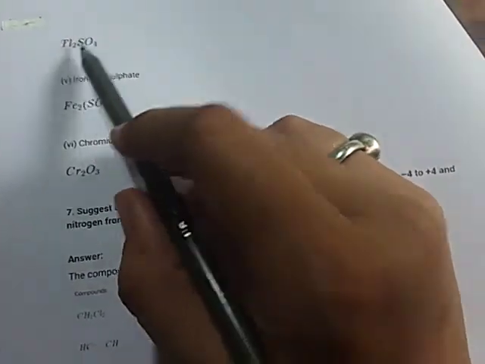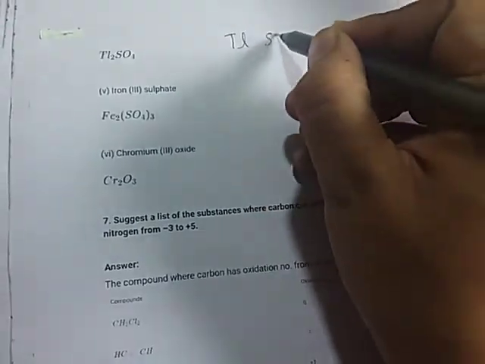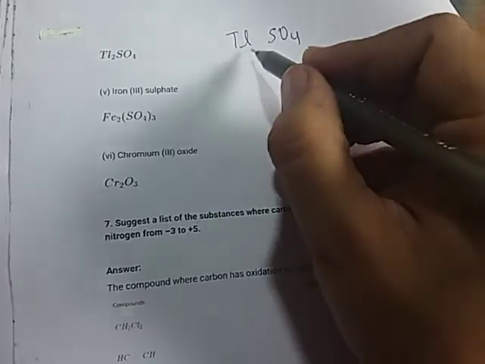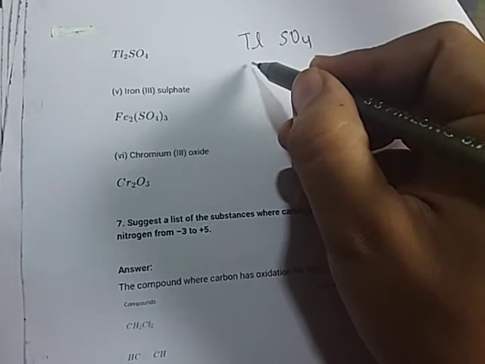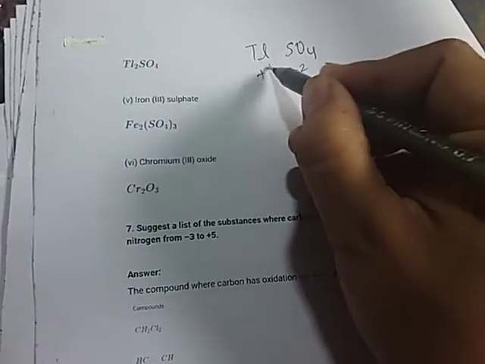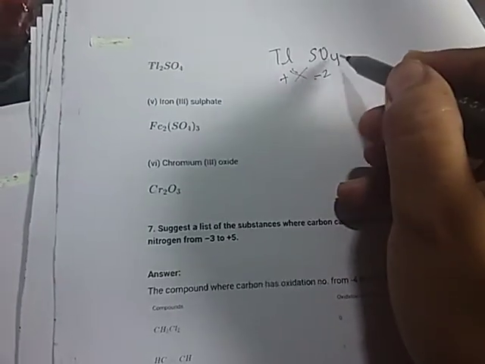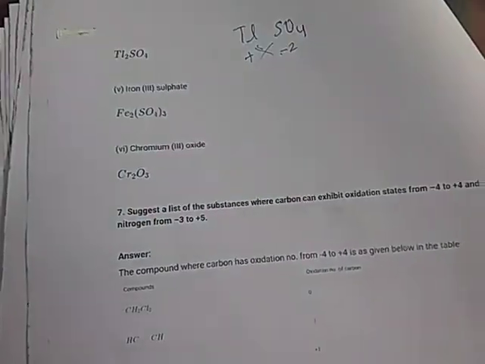Then thallium sulfate, Tl and SO4. Thallium is given oxidation number plus 1 and sulfate minus 2. So 2 goes to the downside of the thallium: Tl2SO4.